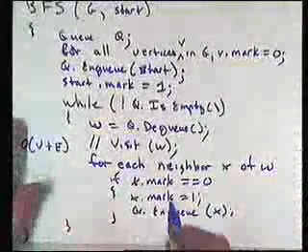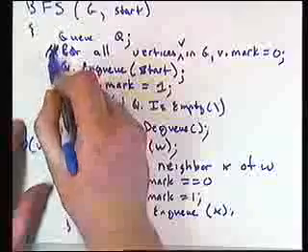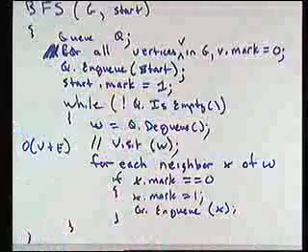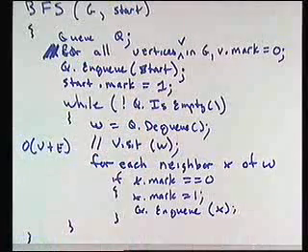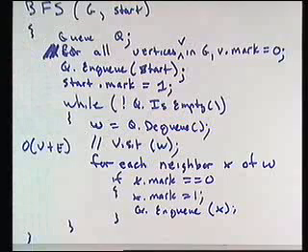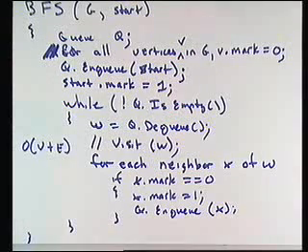When we look at the code, I could have gotten rid of this part and commented it out, because that could have been done beforehand. So initially we had it as an initialization: make sure all the marks are 0, and then the start is added to the queue, and the start is marked 1.